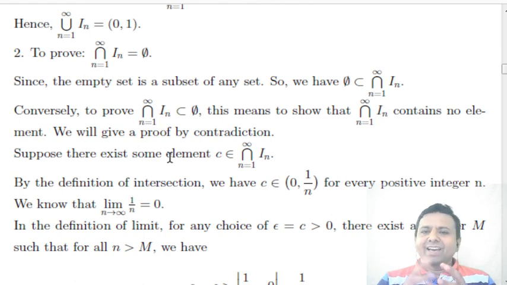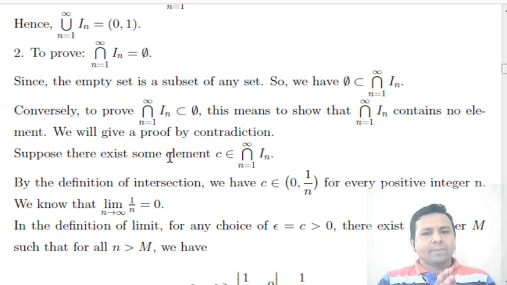That means phi is a subset of the intersection of In. Now conversely, we have to prove that the intersection of In is a subset of phi. This means to show that the intersection of In contains no element. That is, if we have to prove that A is a subset of phi, what do we have to prove?